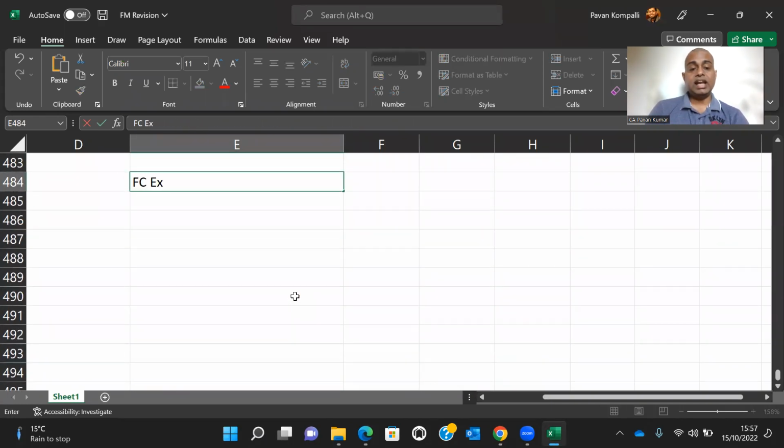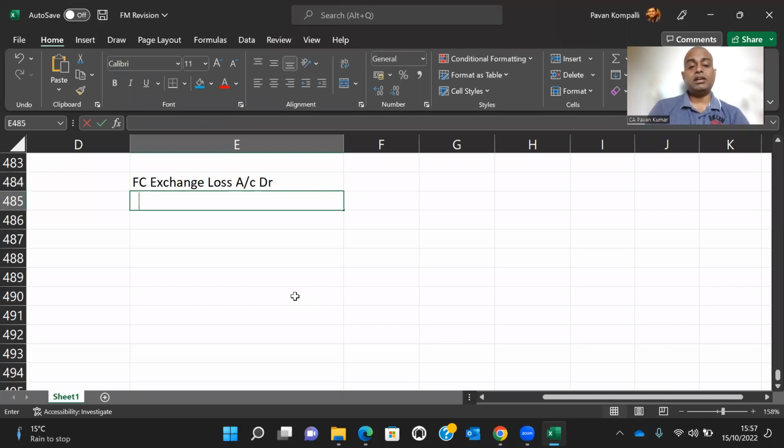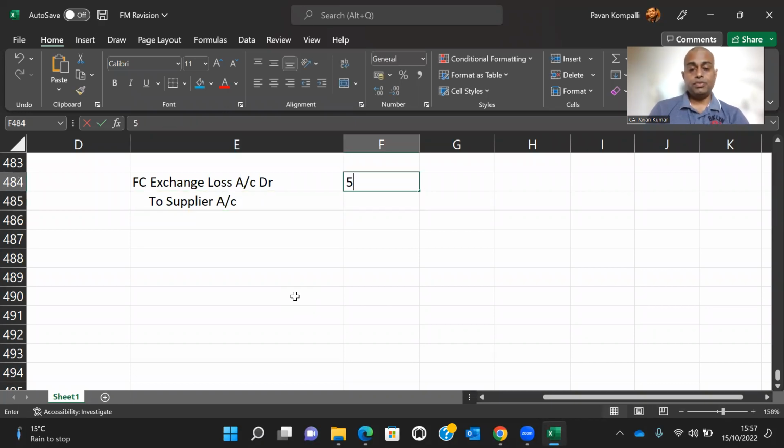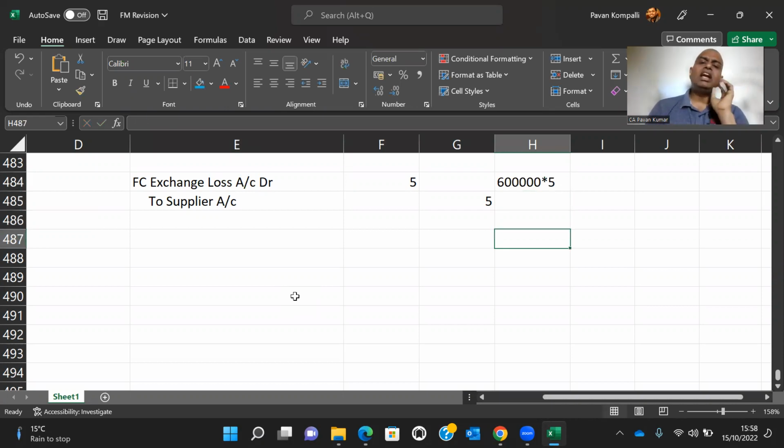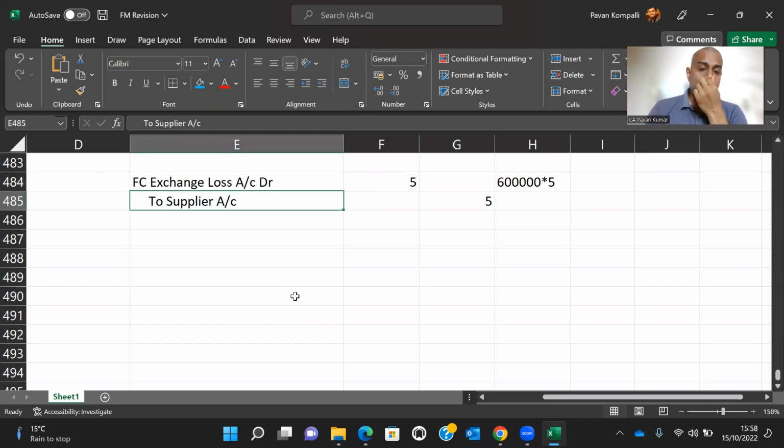Foreign currency exchange loss account debit to supplier, 5 rupees. So total will be 6 lakh US dollars into 5 rupees. So the total journal entry will be for 30 lakhs, but I'm writing only for $1. Foreign exchange loss account debit to supplier.